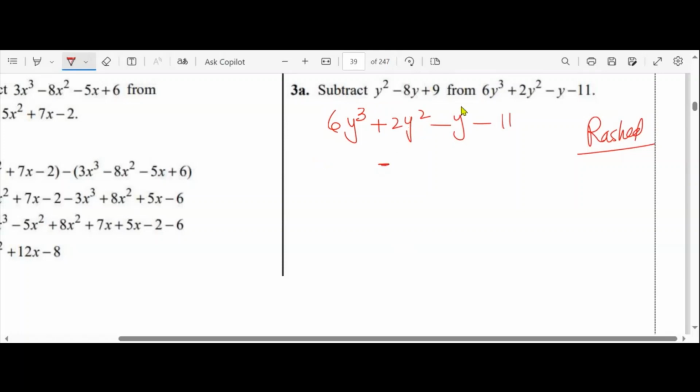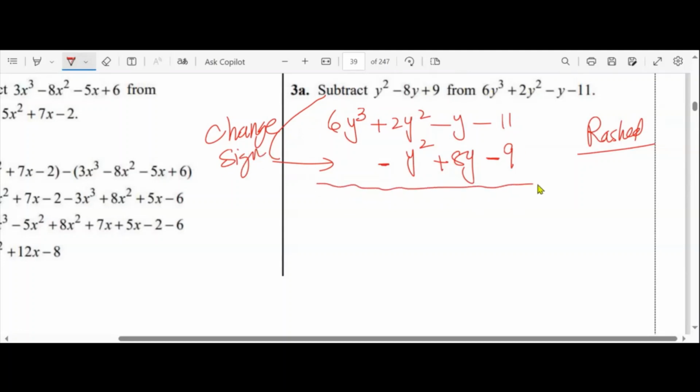And you have to put the power under the power, right? So negative y squared here plus 8y, minus 9. Remember, I changed the sign. Why I changed the sign? Because he said what? Yeah, change sign. Subtract this from this. All right.